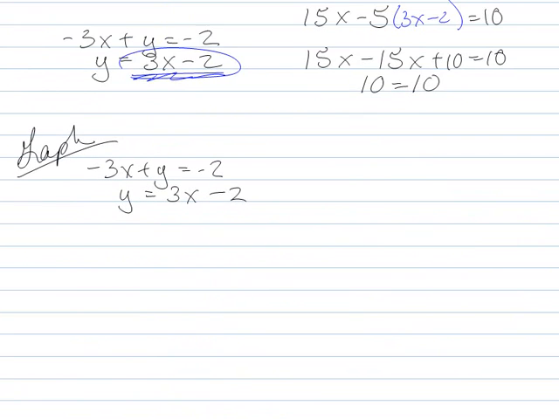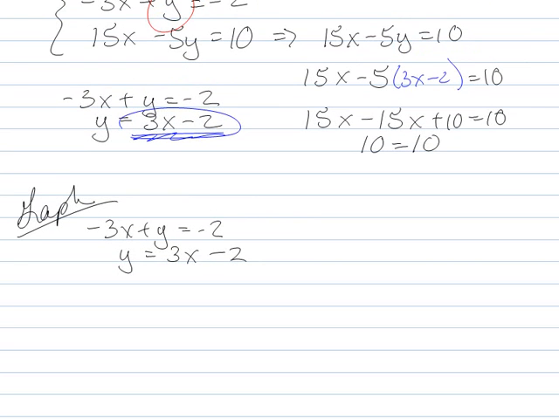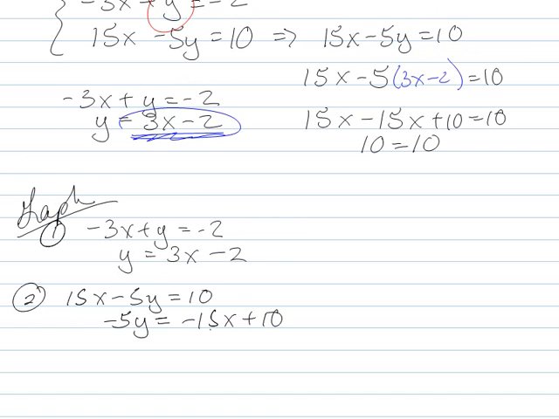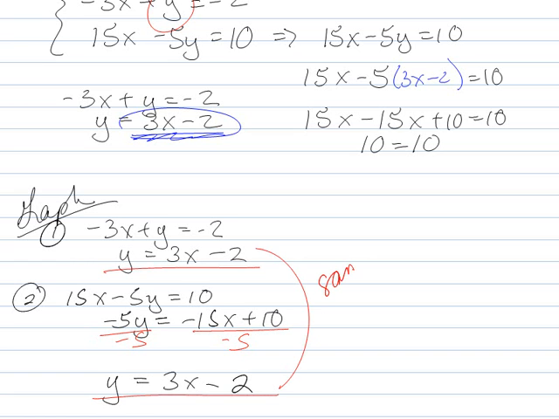And the second one, the 15x minus 5y is 10, or negative 5y equals minus 15x plus 10, or if I divide both sides by negative 5, I've got y equals 3x minus 2. Uh-oh, so what happened? These lines, they're the same lines. So what does it mean when you have the same line?